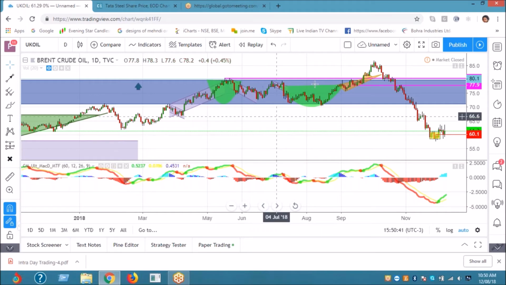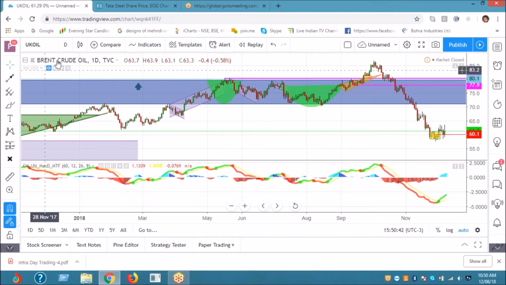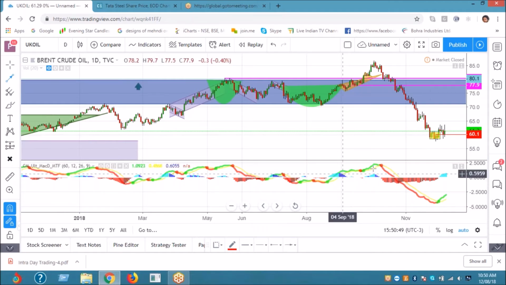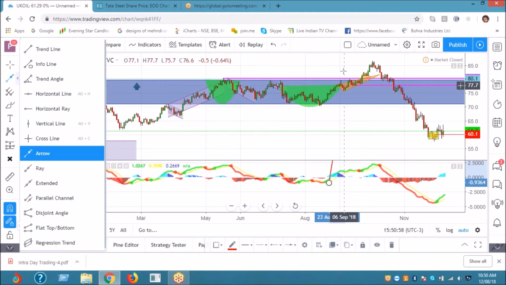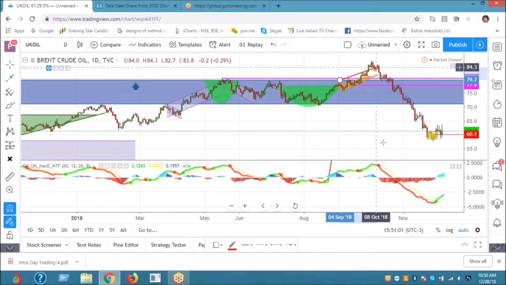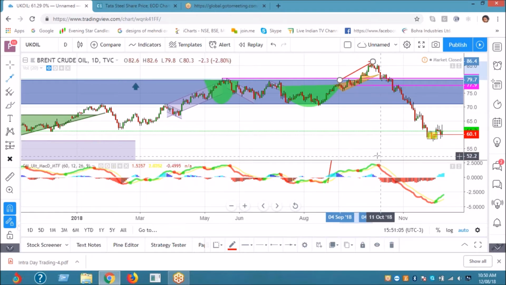Consider this UK oil as a stock, and just see my arrow. You see that it is a bit overbought here, and this is the area showing the overbought zone again. So we know that it is overbought, standing here, and we have got this red dot signal.